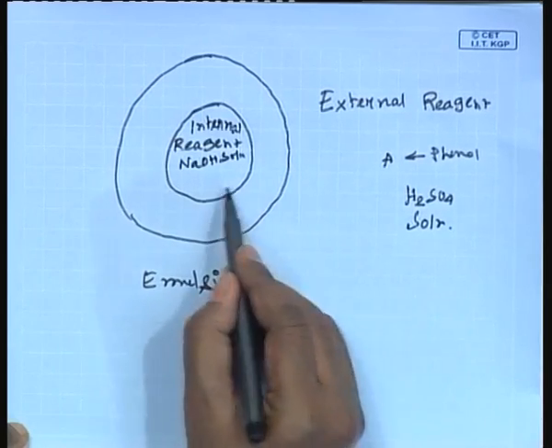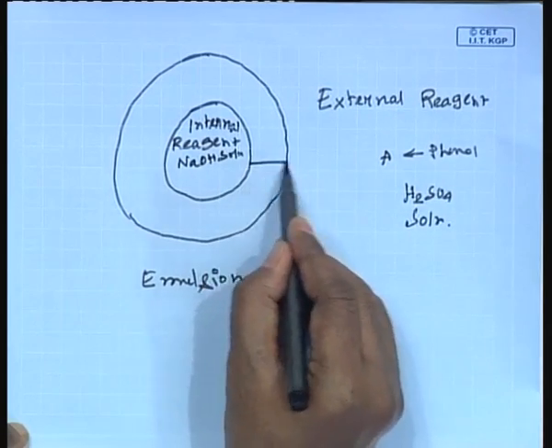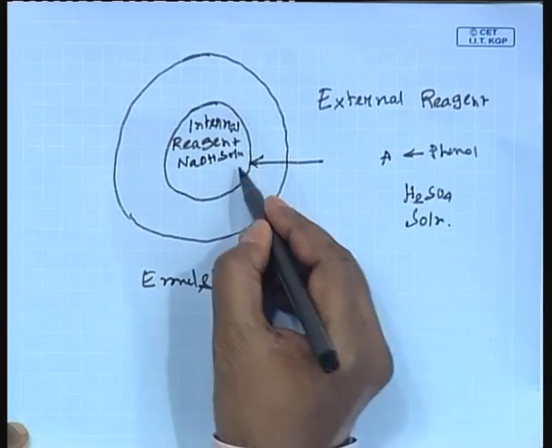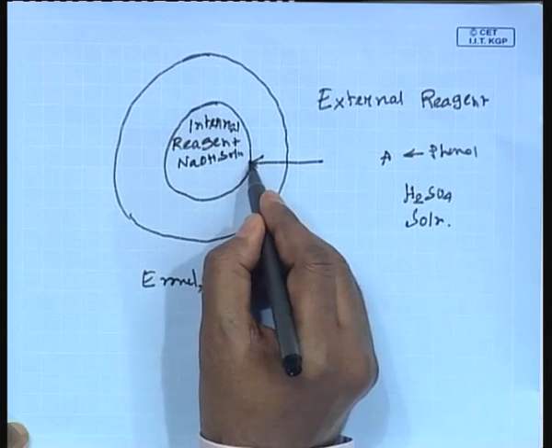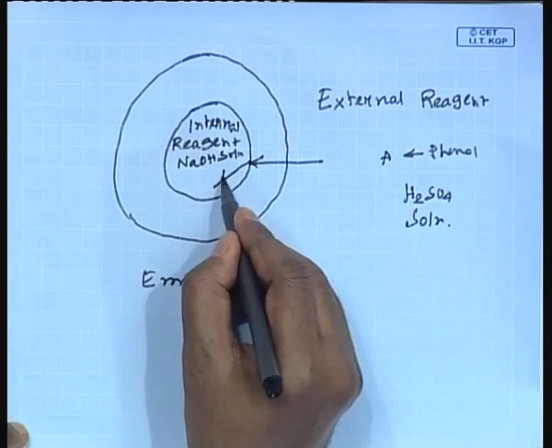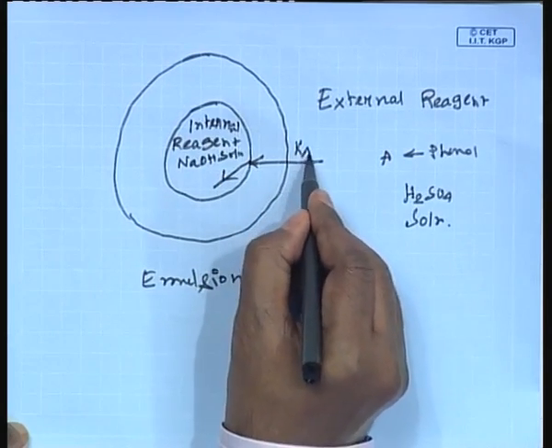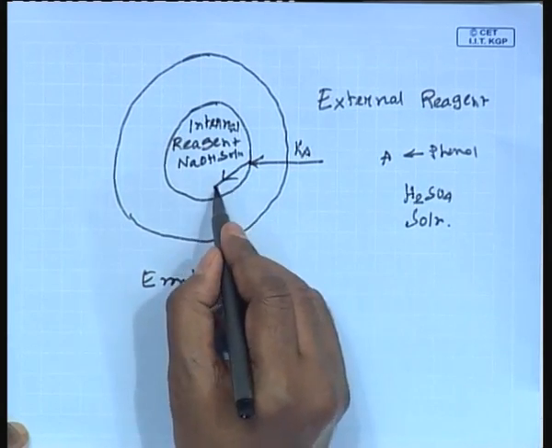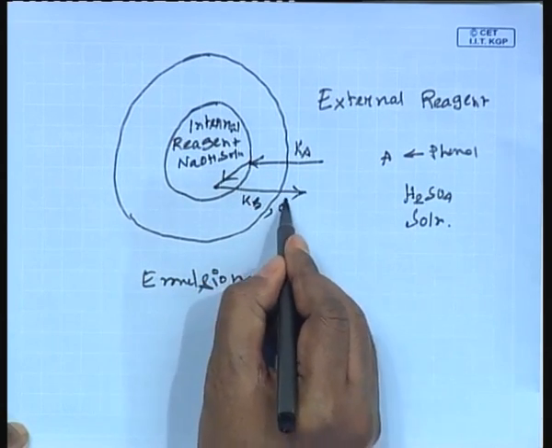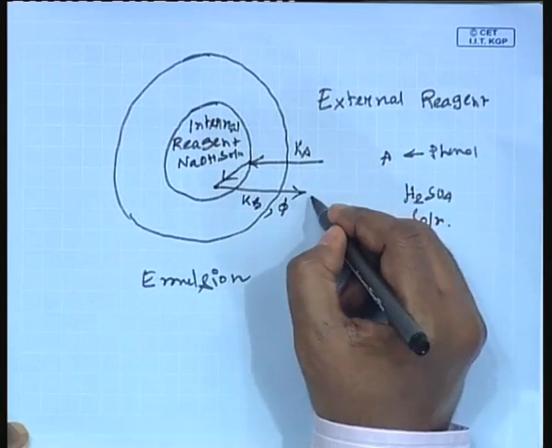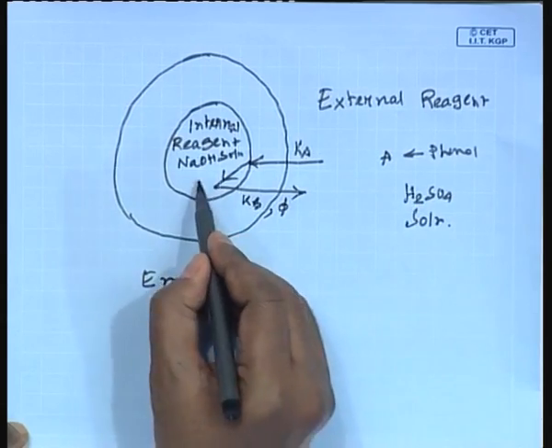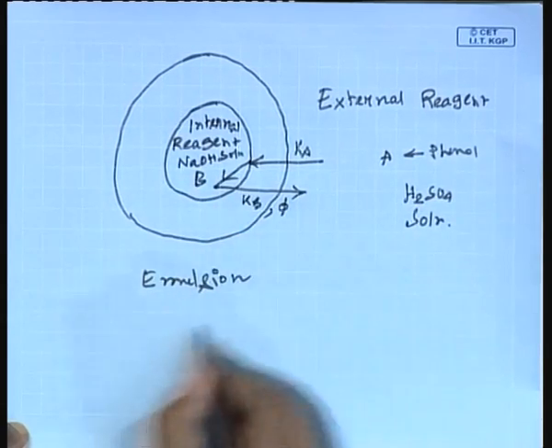So, A moves from the external phase into the internal phase, then immediately it forms with sodium hydroxide sodium phenolate. This transport is quantified by Ka, and this sodium phenolate can go out either by Kb and some amount of breakage, and then when it comes into the external phase, B is produced there, and B is nothing but sodium phenolate.